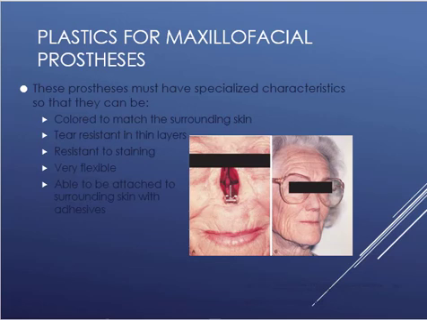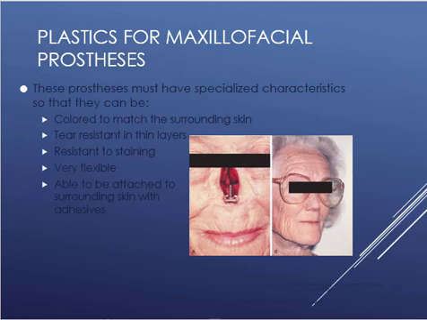Okay, this is kind of a gross picture, I know, or kind of creepy, but I think it's really cool that plastics or acrylic resins, keep in mind when I say plastics, I'm also referring to acrylic resins at the same time, are used for maxillofacial prostheses.